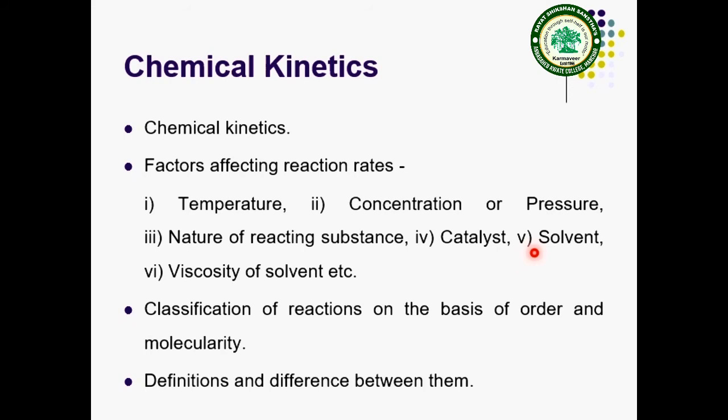Another one is viscosity of solvent. If the solvent is more viscous, the reaction speed is less. And if the solvent is less viscous, the reaction speed is somewhat greater. So all these conditions or factors are important here.